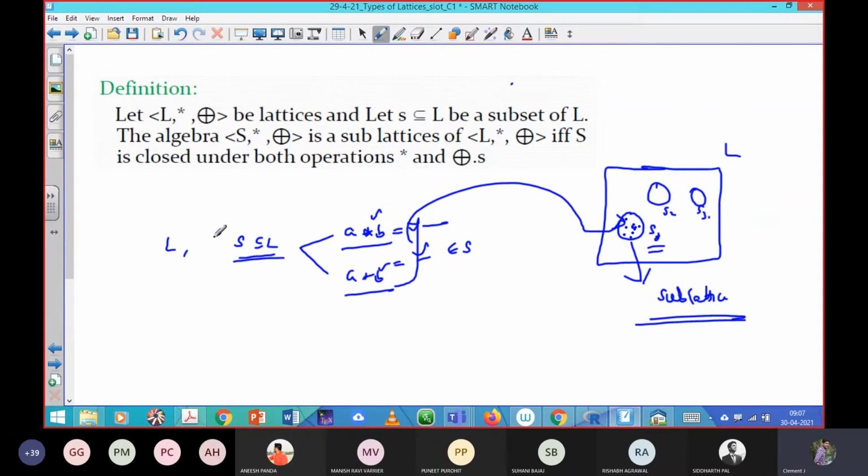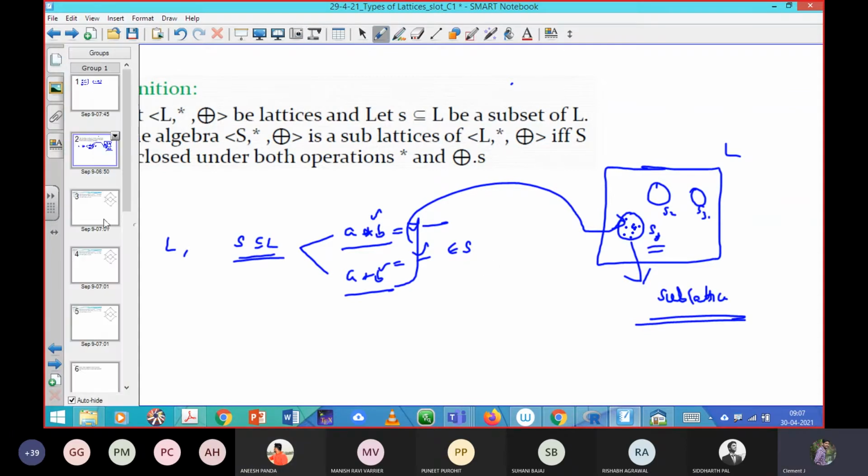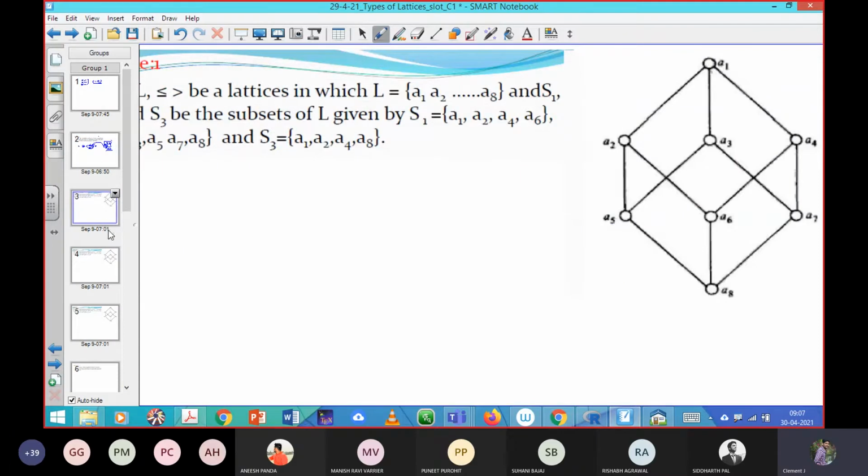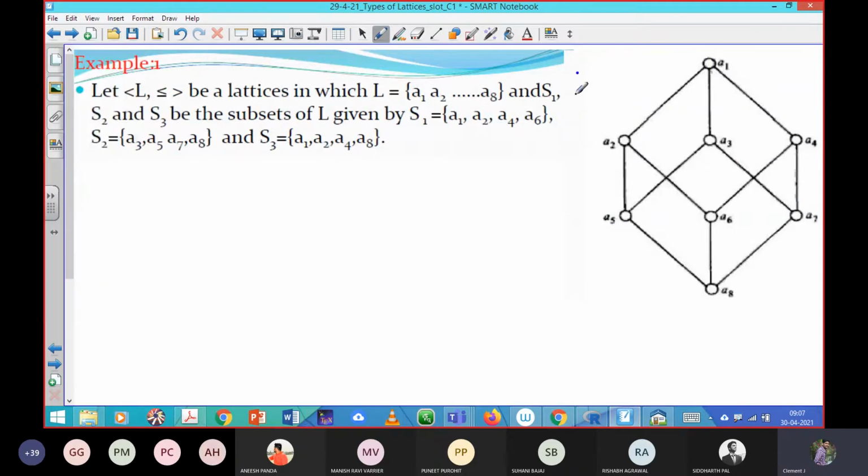Yes, sir. Okay, now we can enter into the examples related to that, then you will automatically understand. See here, a lattice is provided, and the corresponding Hasse diagram is also given. The lattice is given as A1, A2, A3 up to A8. They define three subsets, S1, S2, S3.